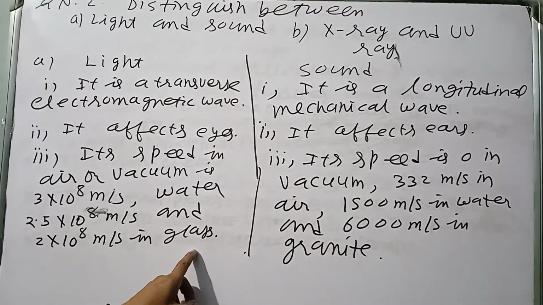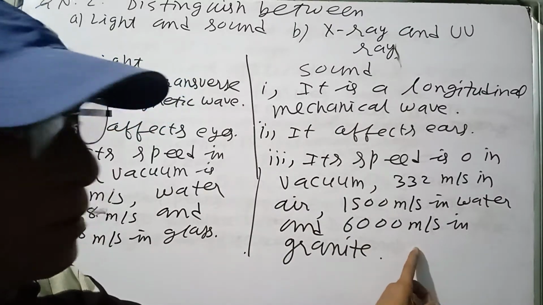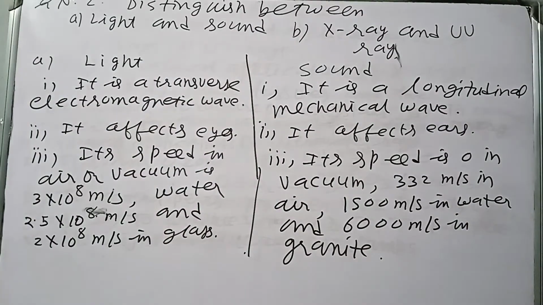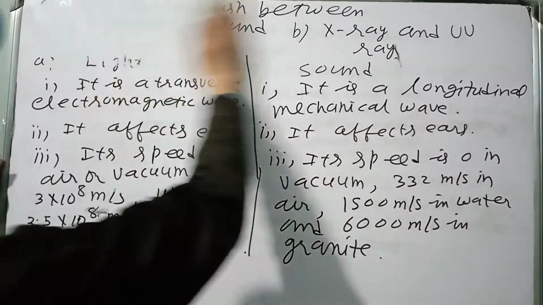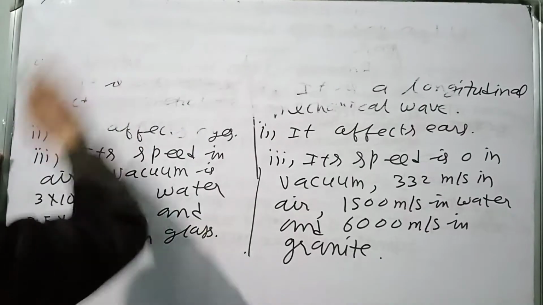Light travels in the form of crests and troughs; sound travels in the form of compression and rarefaction.